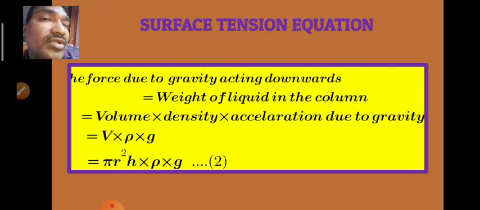Now the force acting downwards due to gravity is equal to the weight of the liquid in the column. We know very well that weight is equal to mg, and that weight mg is nothing but the gravitational force. So the force acting downwards due to gravity is nothing but the weight of the liquid in the column.